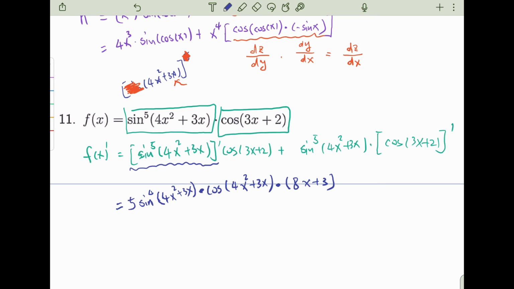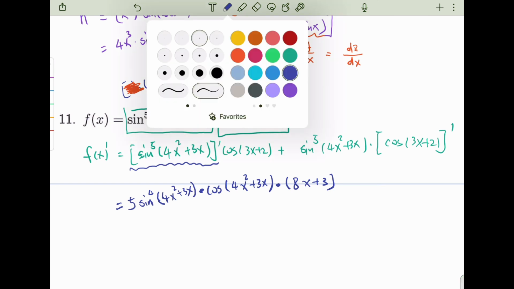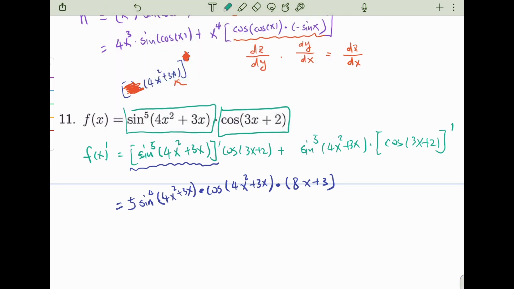So when we use the chain rule, we go from the outside to the inside, just step by step to work out this derivative. Okay, and after that we need to multiply with the original cos 3x plus 2, right?